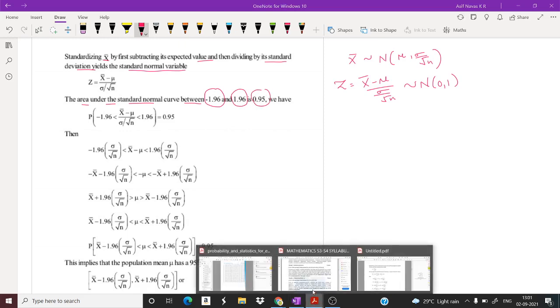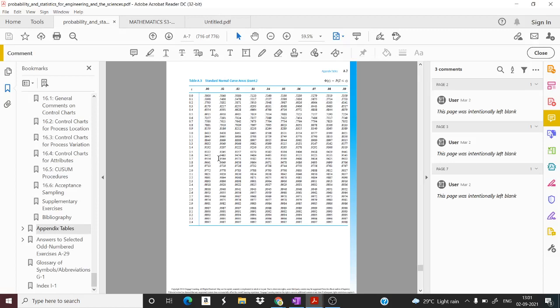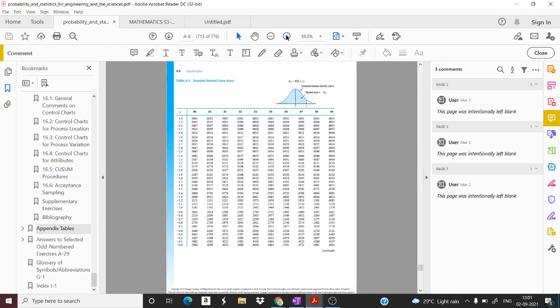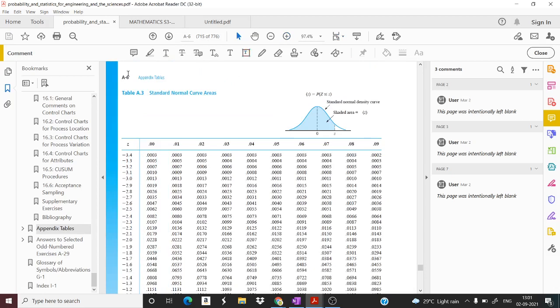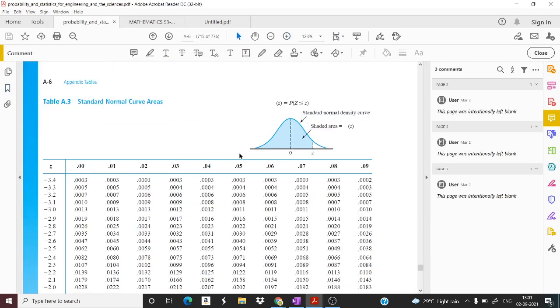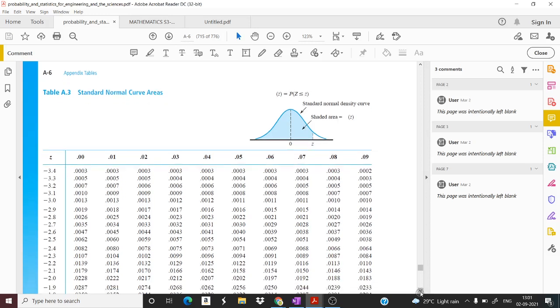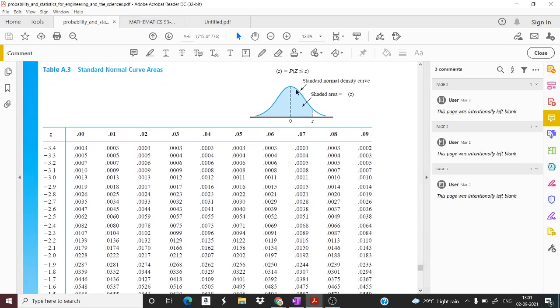So if we take the normal table, look at here, the total area of this portion is 1, right? So from 0 to here it is 0.5, right, 0.5.